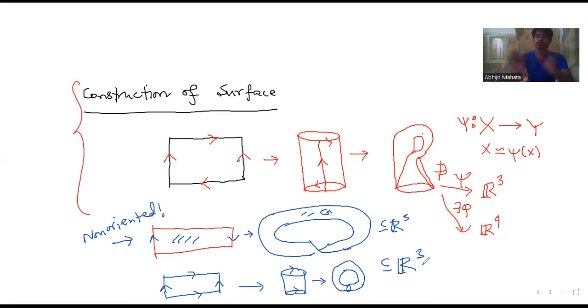There is a nice theorem that if you take all compact surfaces, then we can classify them. A compact surface means a compact topological space that is a surface.